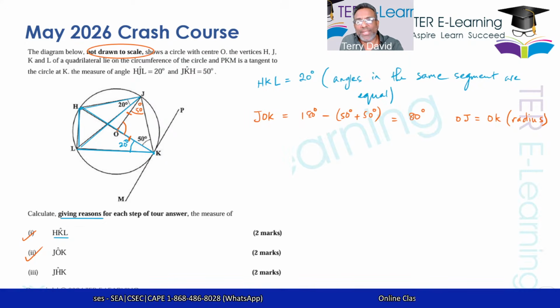If you want JHK, you have to look at the diagram carefully and make sure you know what JHK is. JHK is actually this angle here. That's what you want, right? Anybody know how we're working out JHK?